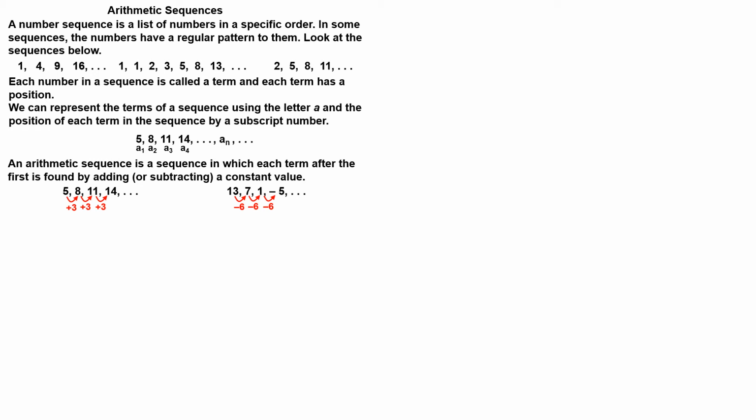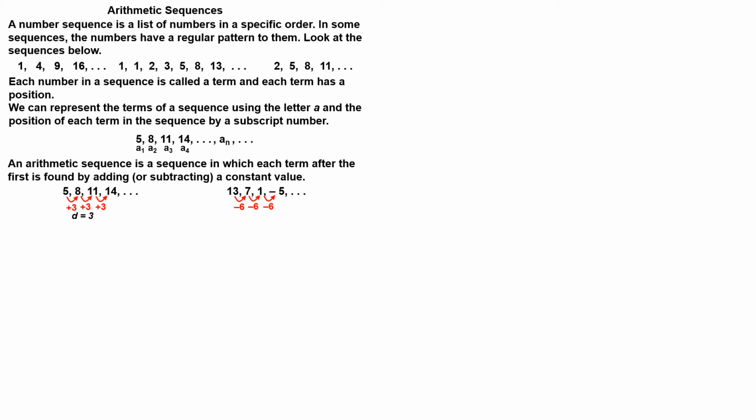Look at the first sequence again. We can see that these terms go up by 3 every time. We can state that the common difference is 3, since the difference between consecutive terms is always 3. Look at the second sequence. We can see that these terms go down by 6 every time.